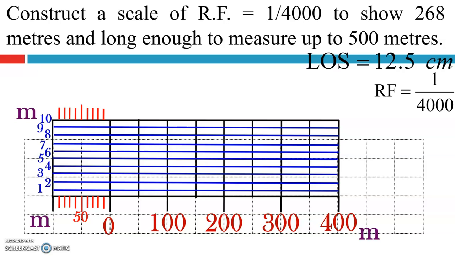Now we have to draw the inclined line. So from the 0th division at the bottom and the first division from the top, we have to draw a line, that is the inclined line. Similarly, we have to draw a line from the first division from the bottom, parallel to the previous line, to the second division from the top.